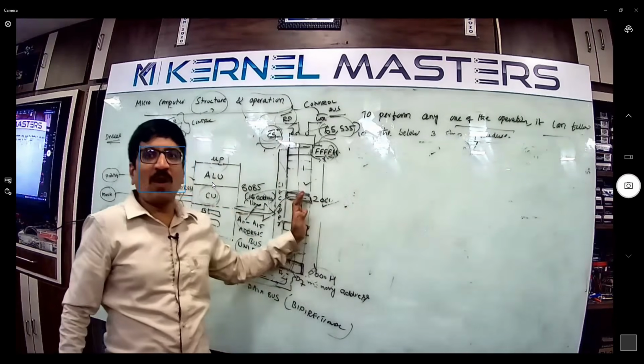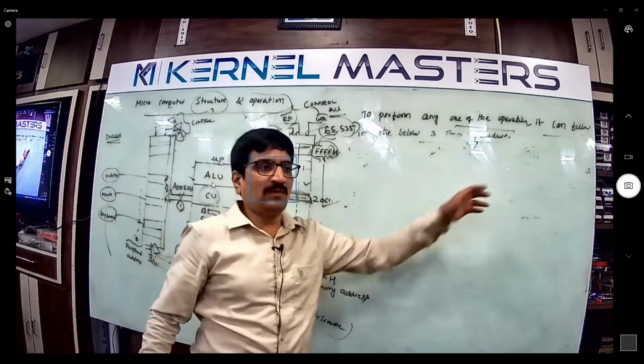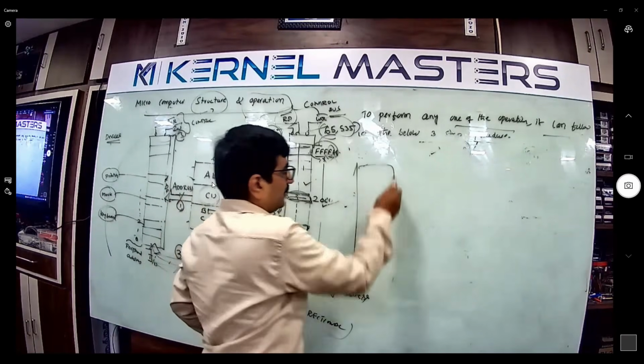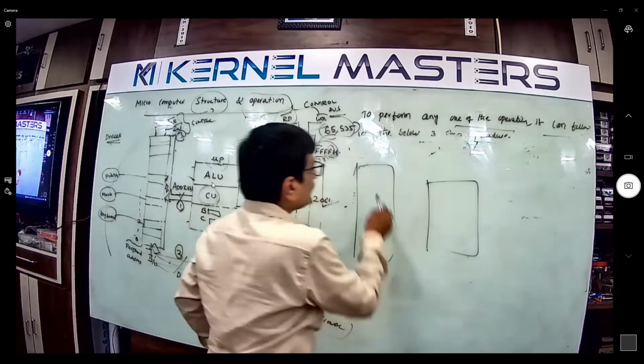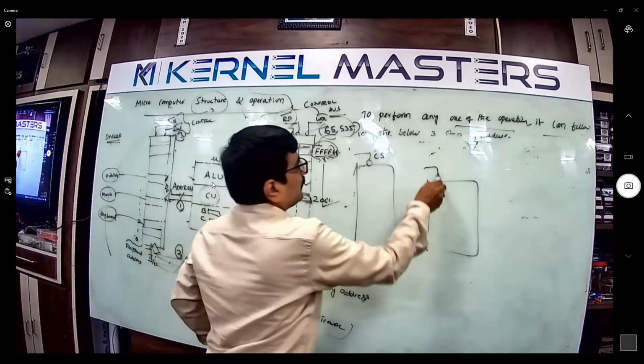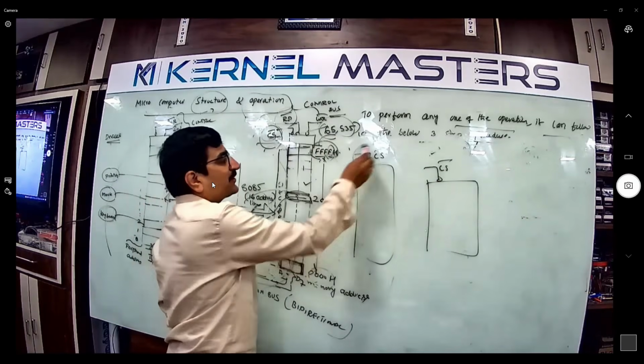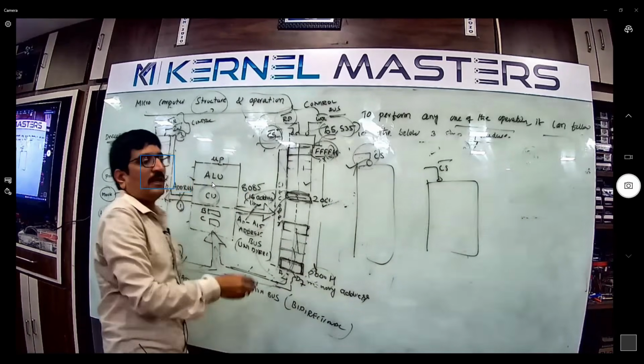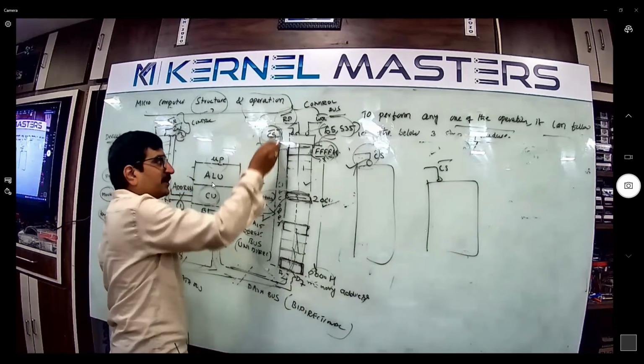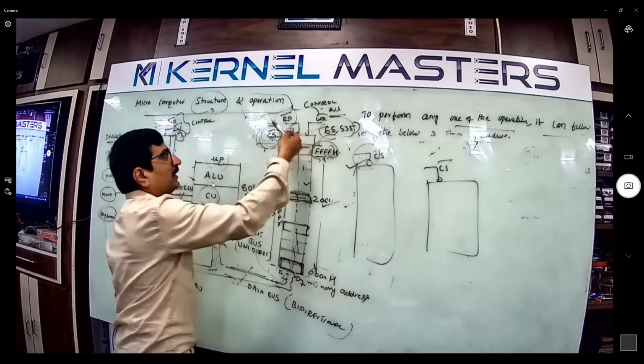Whenever there are multiple ICs, every IC has one CS bar. Whenever the microprocessor communicates with an IC, that chip select should be low. The chip select line is also part of the control lines.